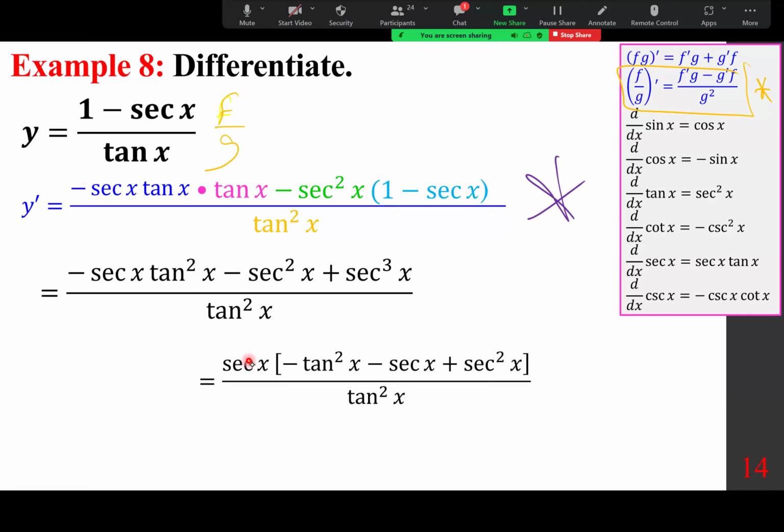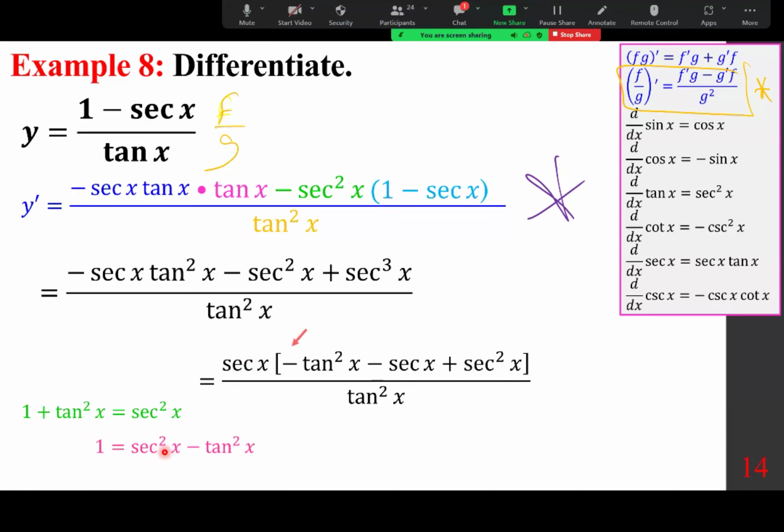Now, remember the identity 1 plus tan squared is secant squared, which means I can move the tan squared to the other side. That's just the same. We just move things around.